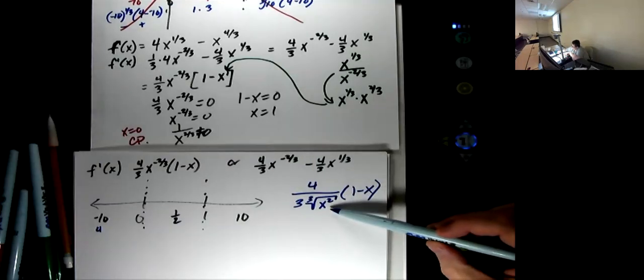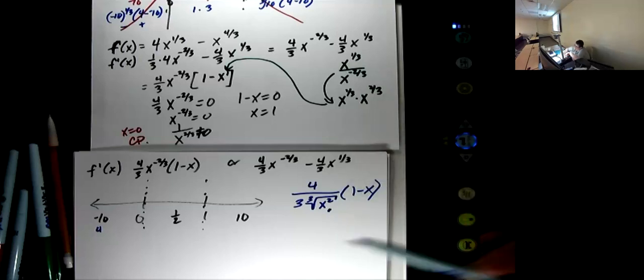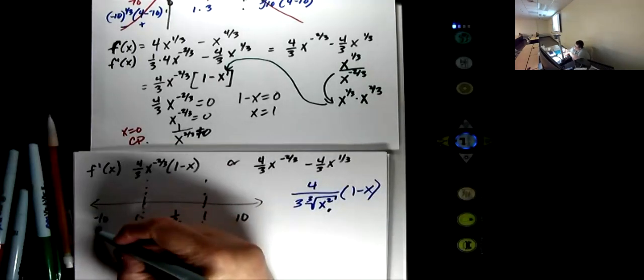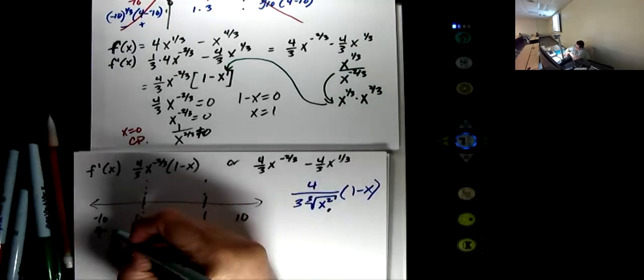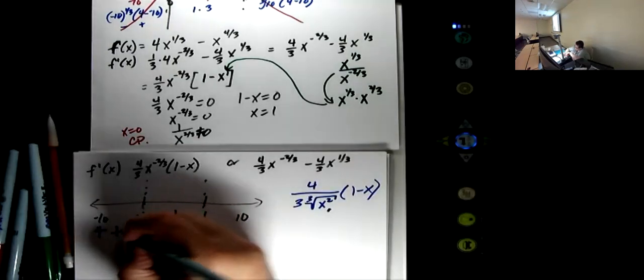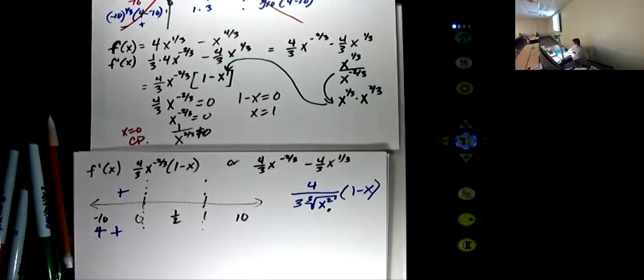Doesn't really matter what we plug into this first term. It's always positive because the x squared gets squared. So we have a positive and then -10, 1 minus -10 is 1 plus 10. That's a positive, so this region's positive.